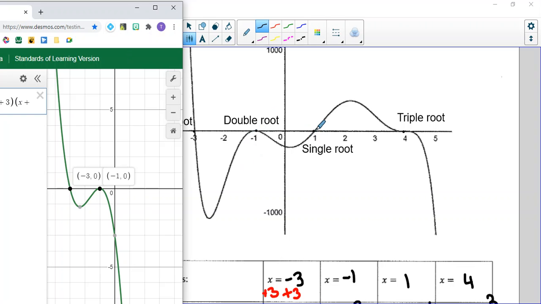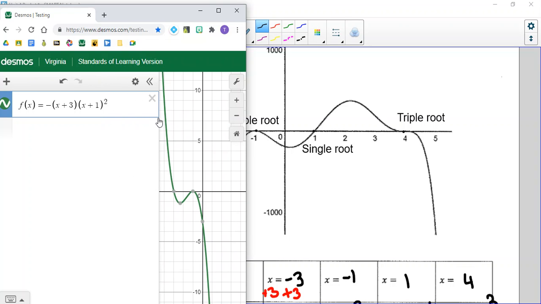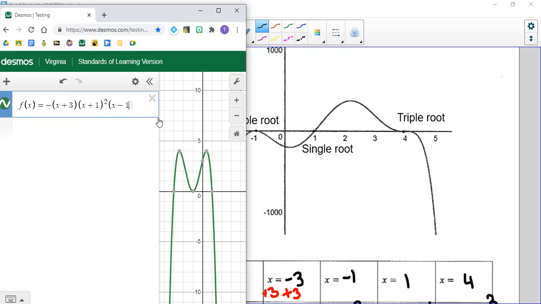We want a single root at 1, so since it's positive 1, I put x minus 1. There's a double root here, and I know that it's supposed to face down, but right now it'll go back down once I keep typing.